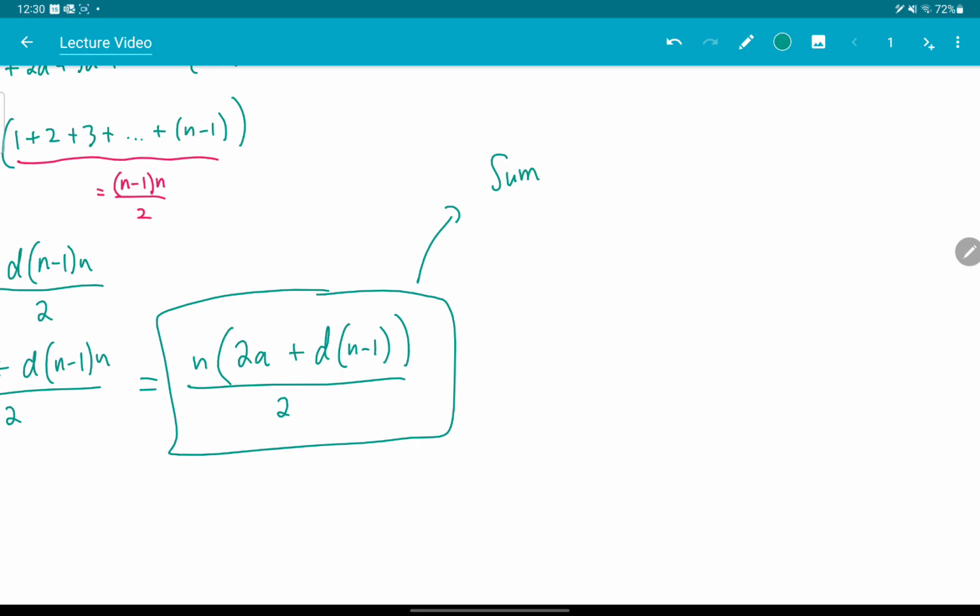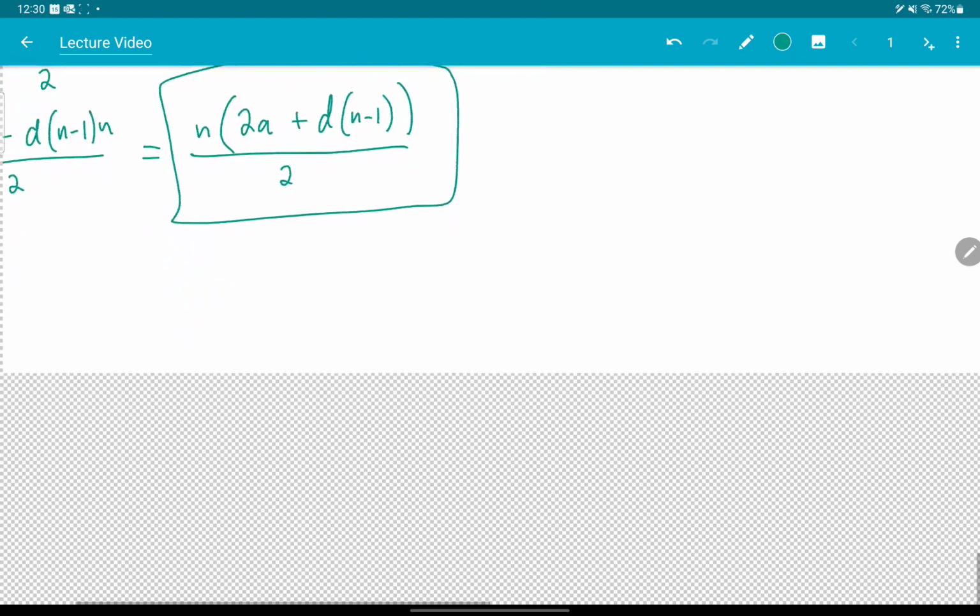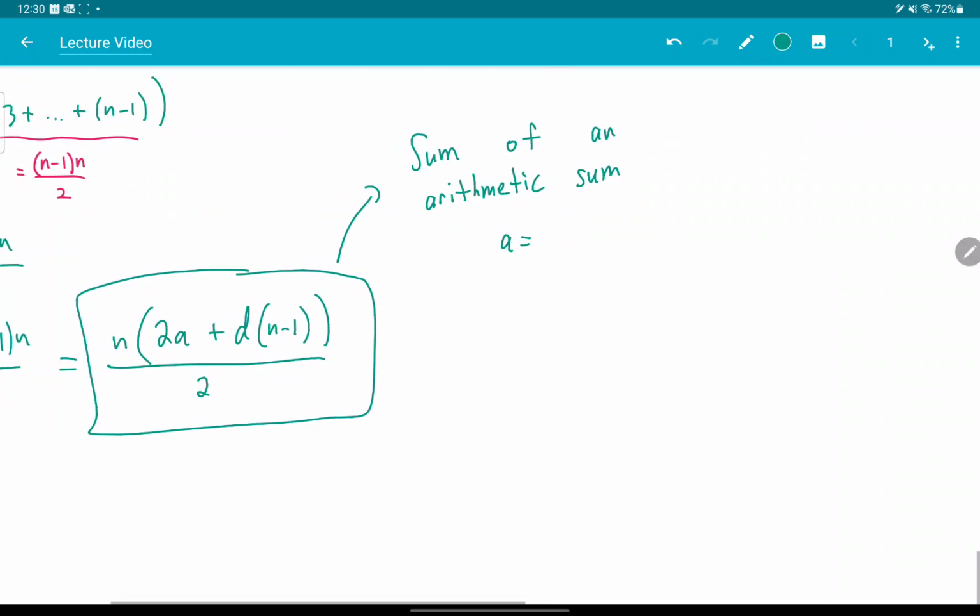This is the sum of what's called an arithmetic series. And A is going to be my first term.